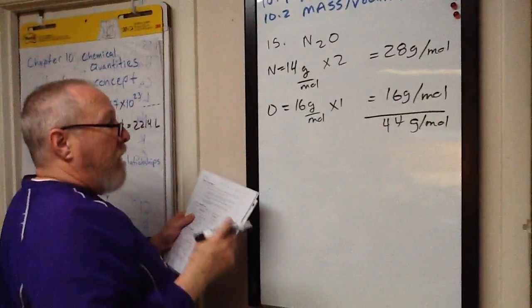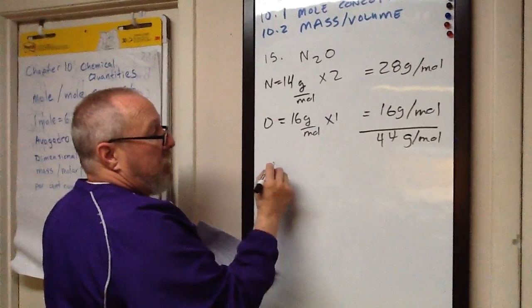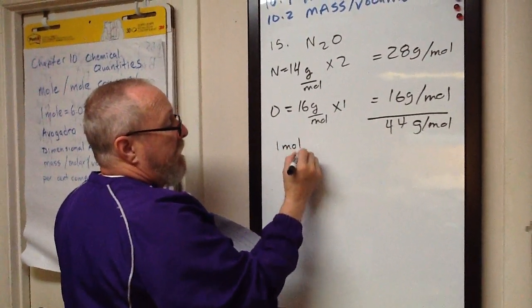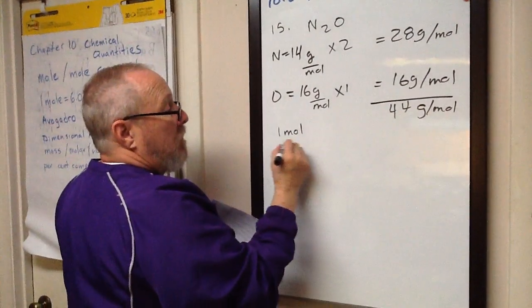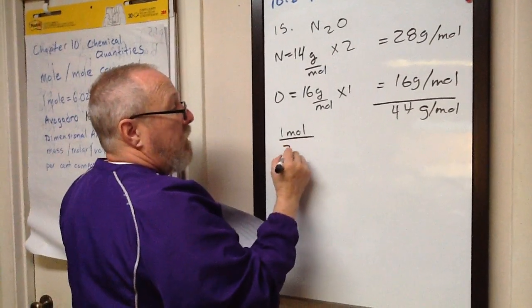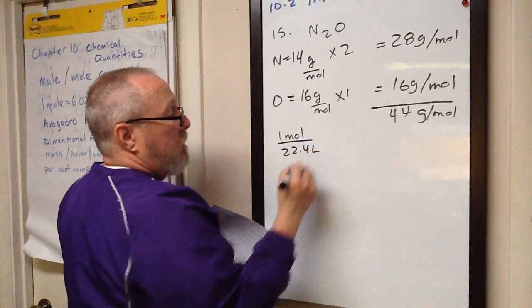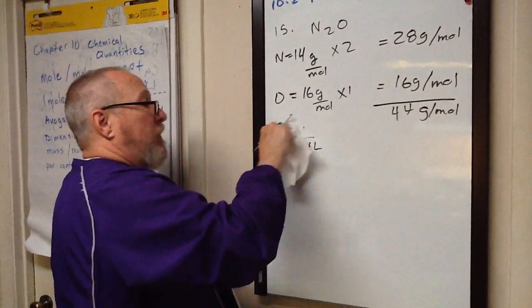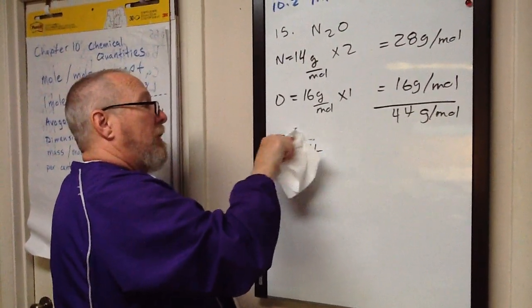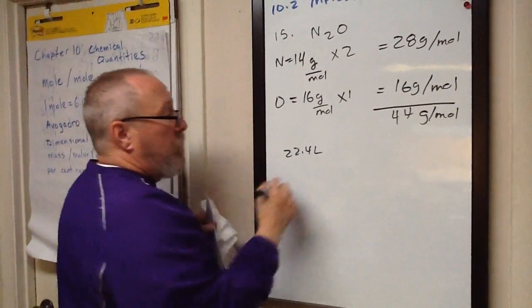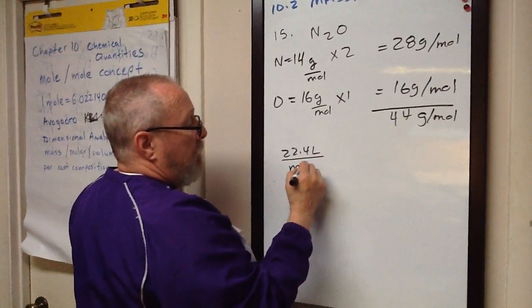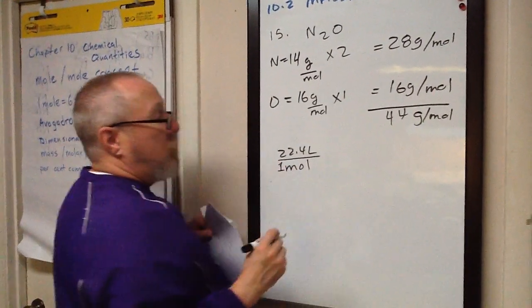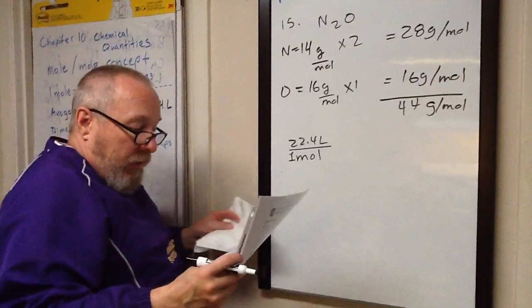We also know, thanks to Avogadro, that 1 mole of any gas is 22.4 liters. If I want to phrase it the same way as I did the mass, it's 22.4 liters per 1 mole of any gas. So, how do I find the density?